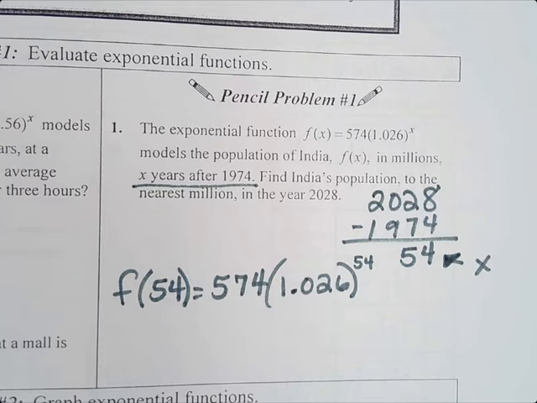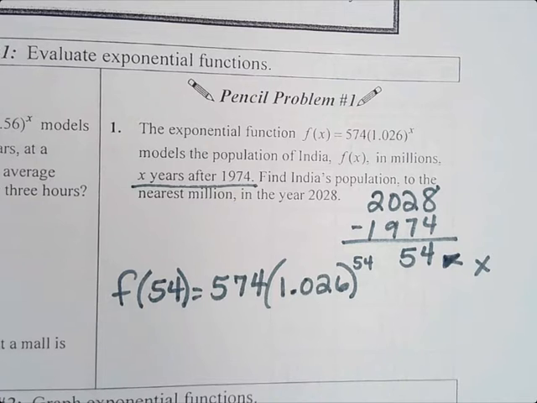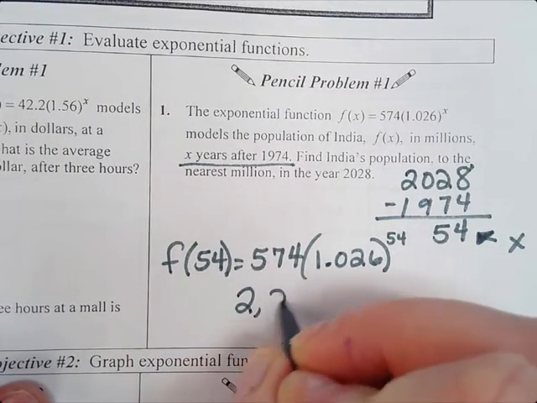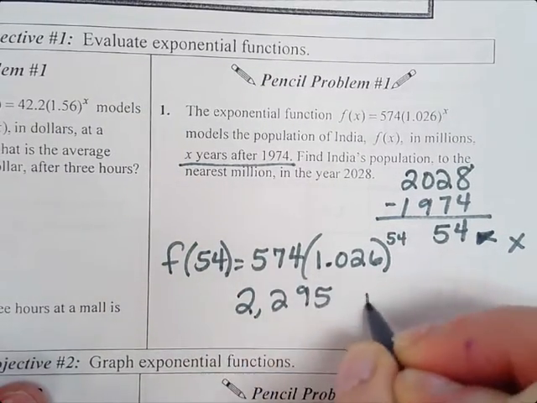And we can use the calculator to do that. So whenever you put it in, let's see if I have mine. 2,295 million.